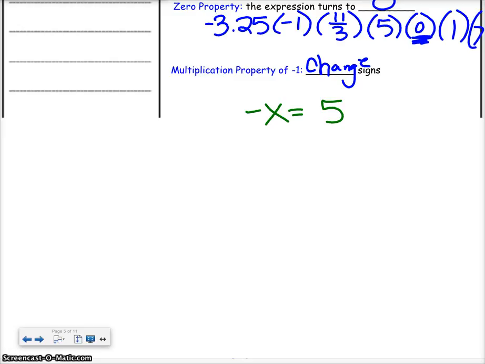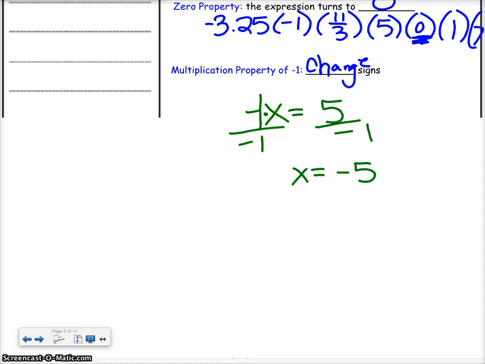The x is not solved for there. We have to utilize the multiplication property of -1 because you always want x positive. So what this really means is -1 times x. So then I can go ahead and change the sign, and x would equal -5.